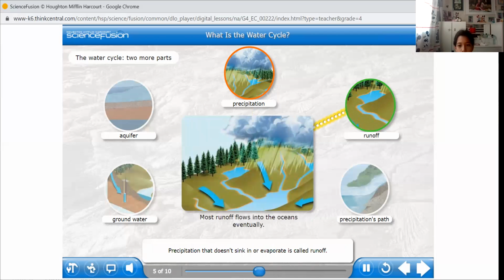Precipitation that doesn't sink in or evaporate is called runoff. It flows downhill into rivers and streams and eventually to the ocean. When the sun warms the oceans, lakes, and streams, water evaporates into the atmosphere. And, you guessed it, the cycle begins again.